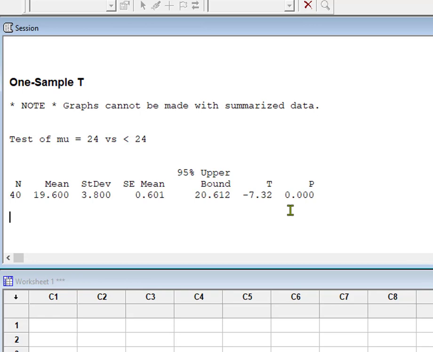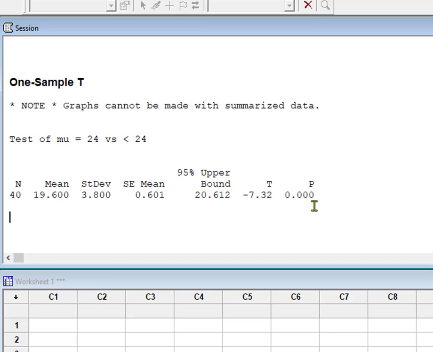Remember, the p-value is the probability of getting 19.6 or fewer chips if the null hypothesis is true. And a p-value of 0 means that that is just not likely to happen. Of course, as always, this p-value is 0 to three decimal digits.